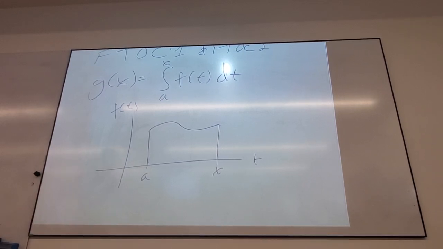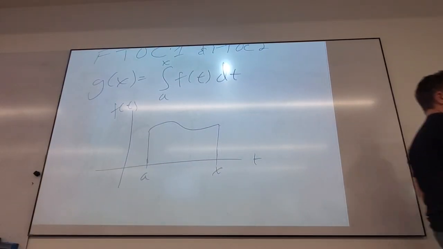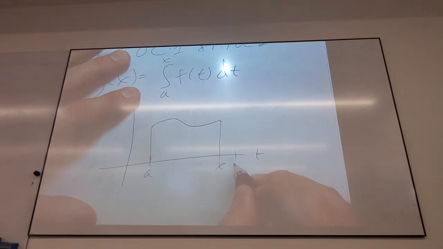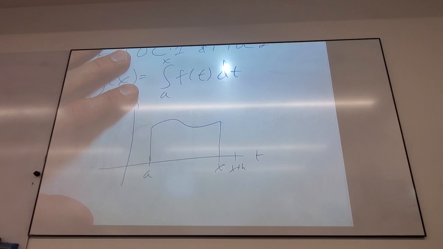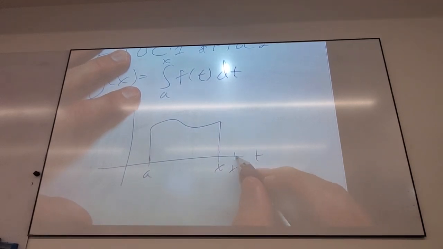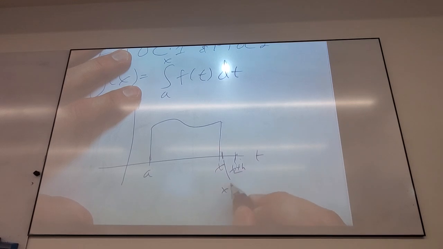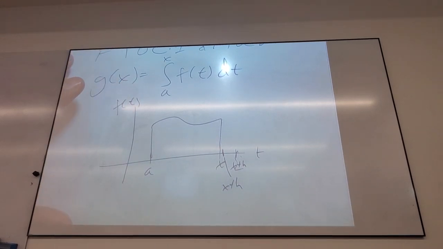x plus h. So I'm going to step here, x plus h. It's too big of a step. Let me make this. I really want to be right here, right there, x plus h, because h is going to get really tiny, yes?